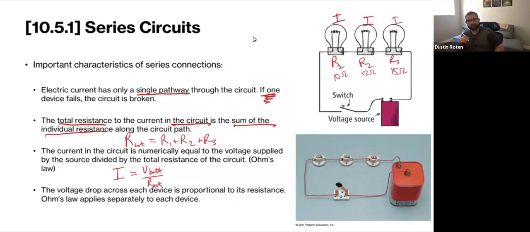Okay? So when you think about calculating the resistance of a series circuit, you have to add up all those individual pieces. And then you can think about applying that voltage to one big resistor.